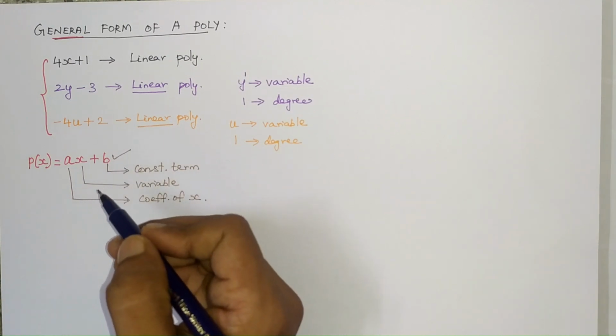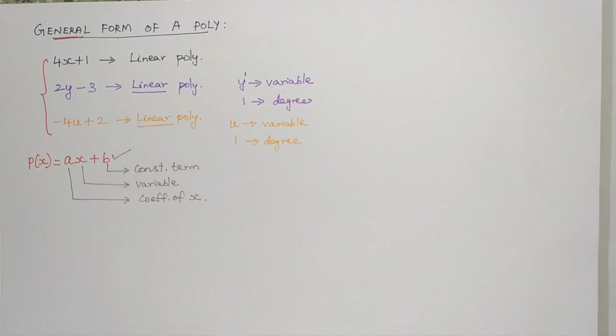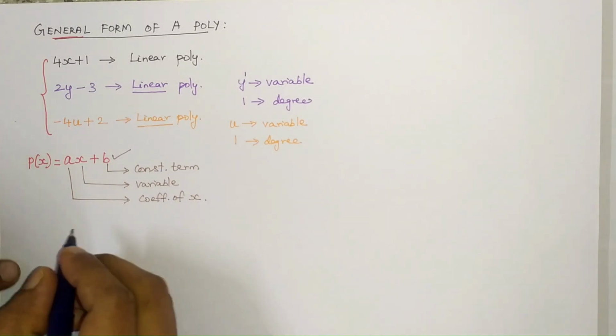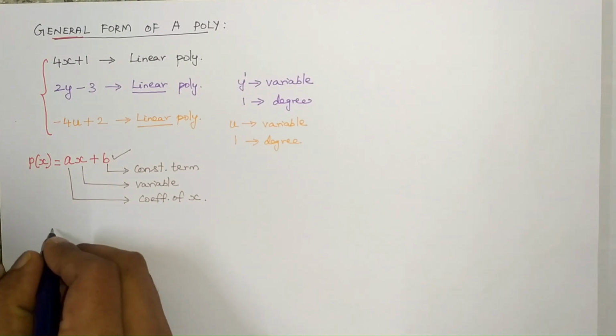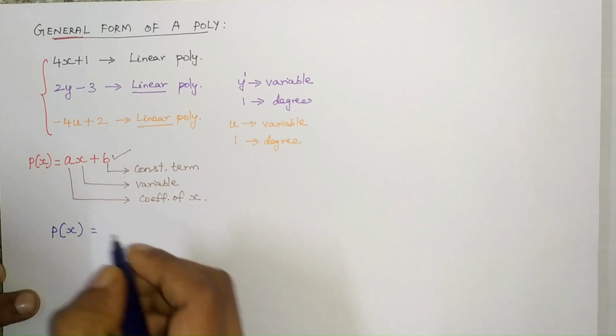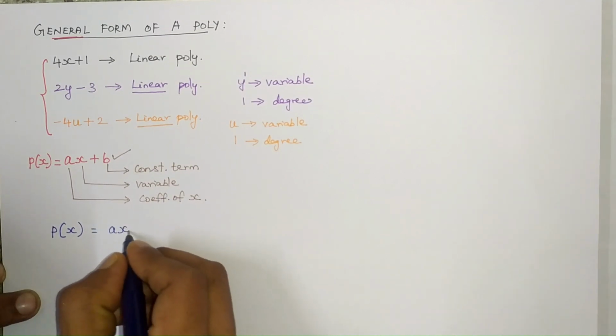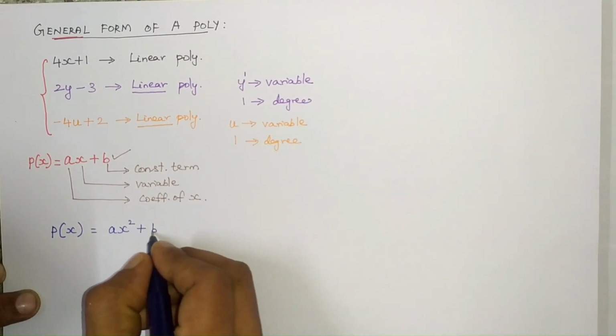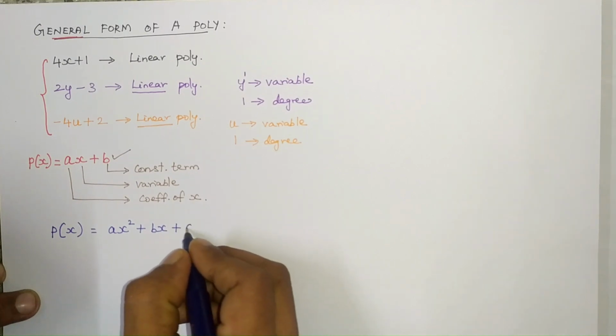Similarly, we can write the general form of a quadratic polynomial also. The general form of a quadratic polynomial is p of x equal to ax square plus bx plus c.